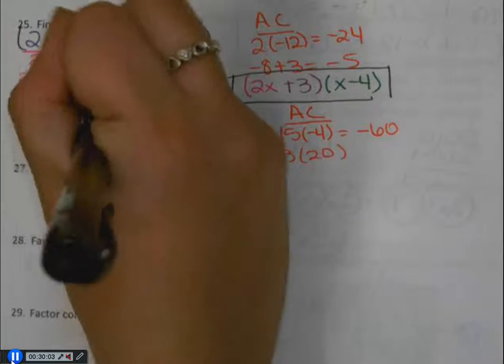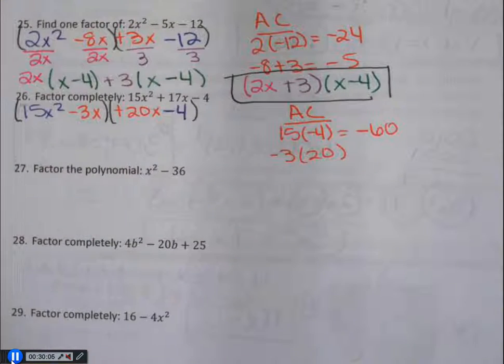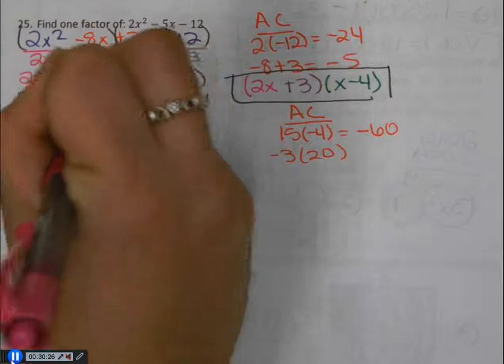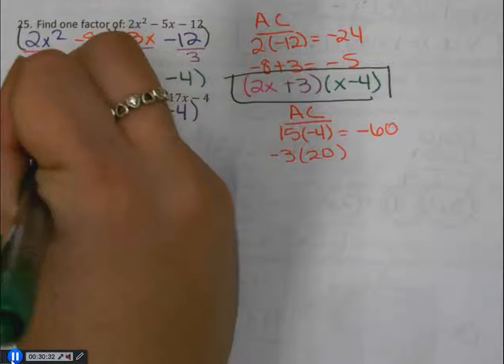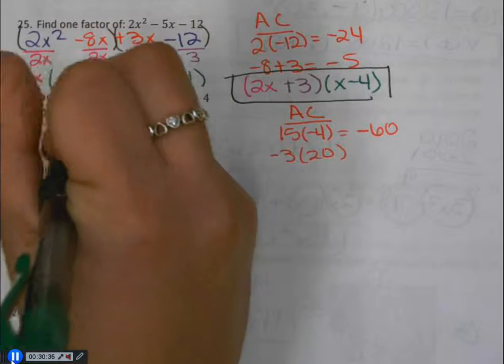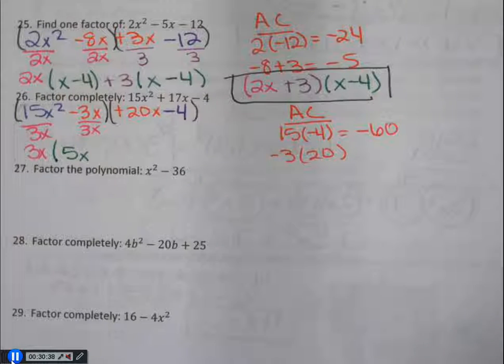Then I set it inside my 2 sets of parentheses. What do I have in common in my first group? Yep, both of them can be divided by 3x. And then 15 divided by 3 is 5x. Negative 3x divided by negative 3x is just negative 1.